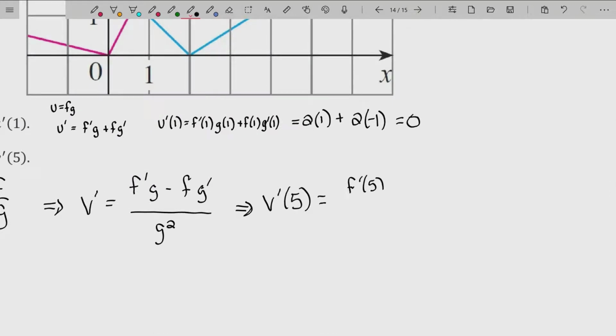F prime at 5, g at 5, minus f at 5, g prime at 5, all over g of 5 being squared.